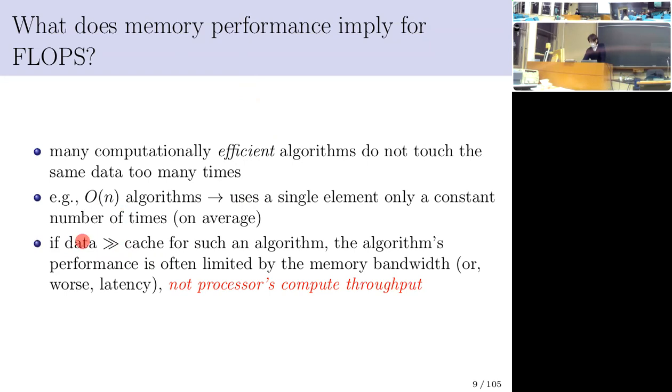And imagine that the total data, this n, is much larger than the cache. Then the algorithm's performance is often limited by the memory bandwidth, or in some cases the latency, not the processor's compute throughput.